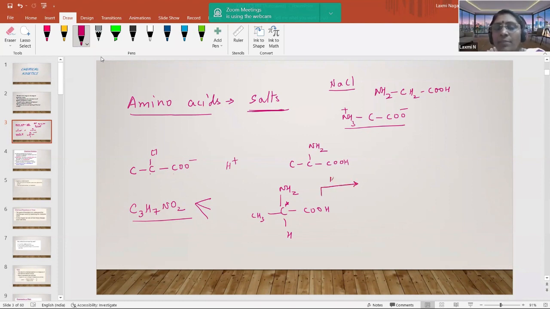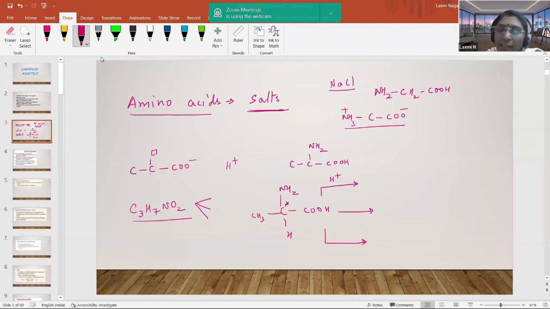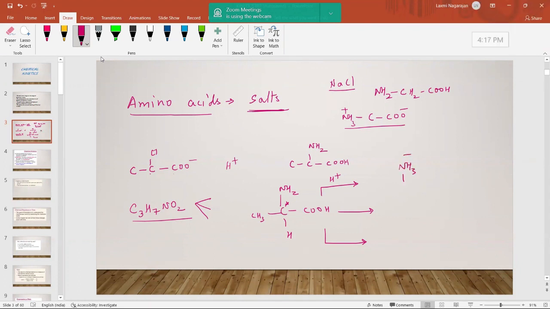So can you tell us what will happen if it is put in an acidic medium? The NH2 group is protonated. That's why only the COO minus group is present, ma'am. Okay. This is protonated, sir. Protonated will be protonated.